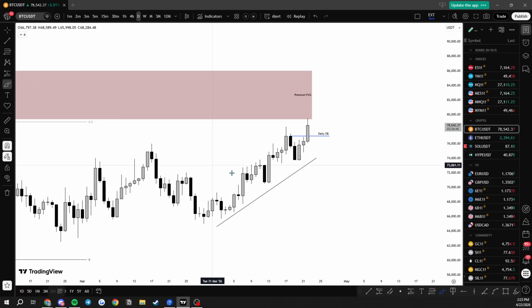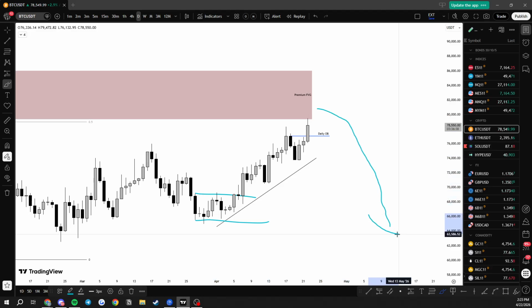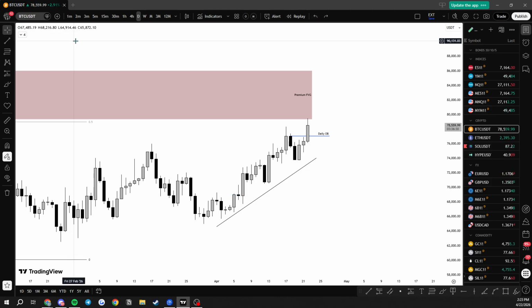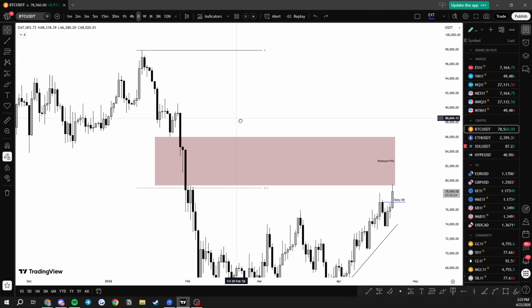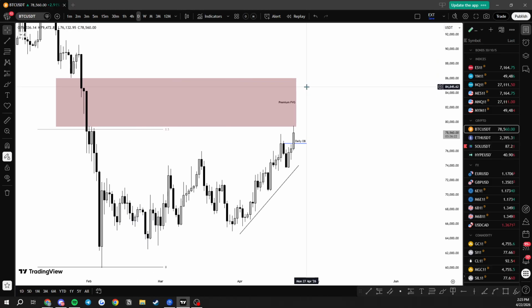Like I told you guys, if we end up being right and this is just a big market maker sell model, and we end up rolling all the way over, we're gonna have a lot of time to get in. So we don't need to rush that, right? And for now, we can just stick to longs until we get some good reaction off of this premium fair value gap, right?